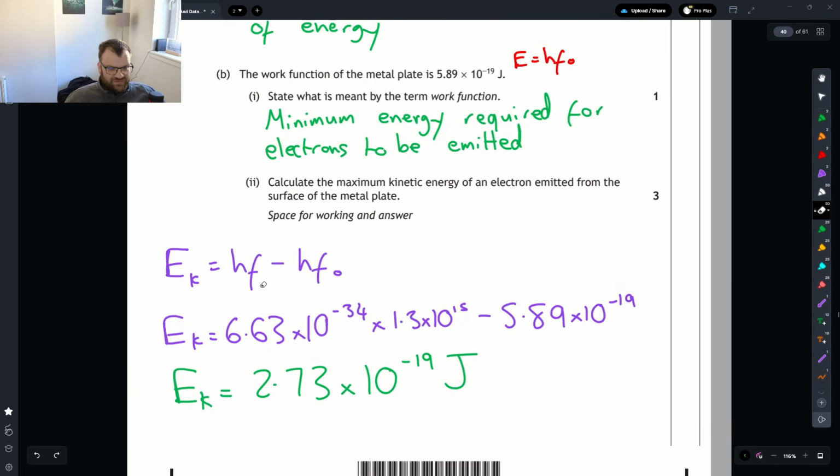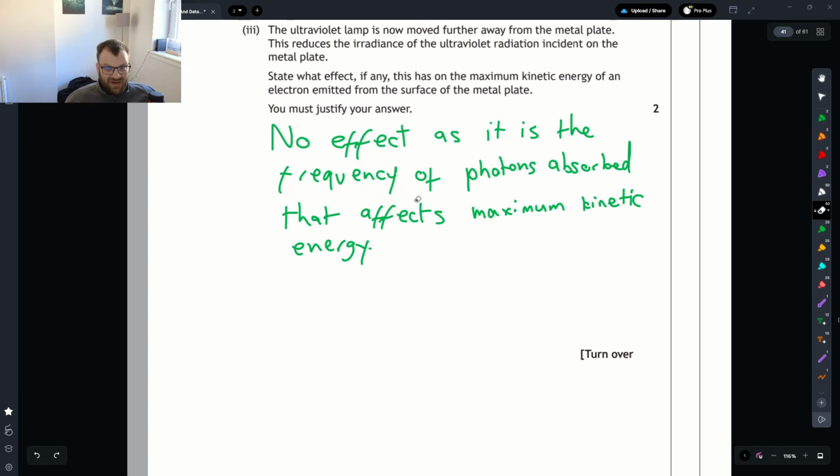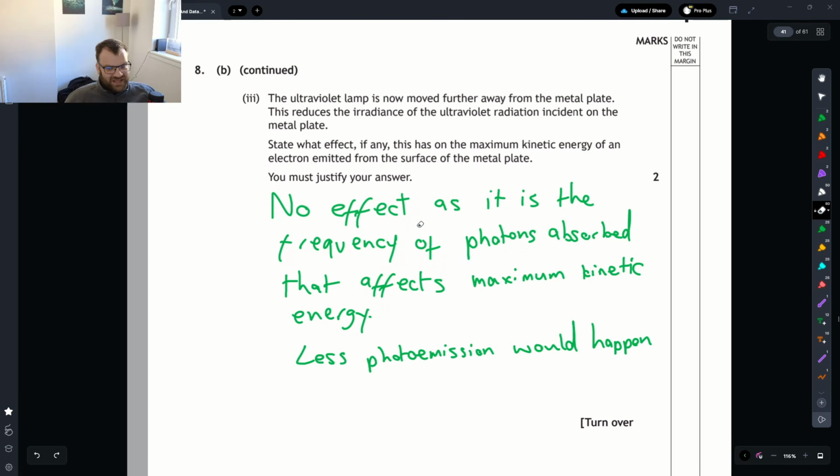So going back up to the fact it's the difference between the energy coming in and the threshold required, well, we are not changing that. If we change the frequency and increase the frequency, then yeah, it would. But it's not going to do that. What this would do is there would be less electrons being emitted. So the rate of photo emission would change, but not the maximum kinetic energy.